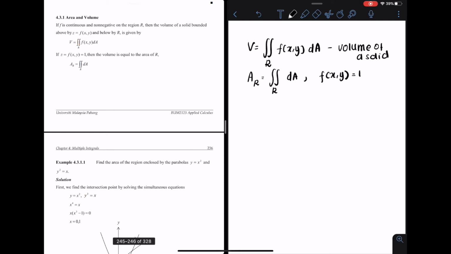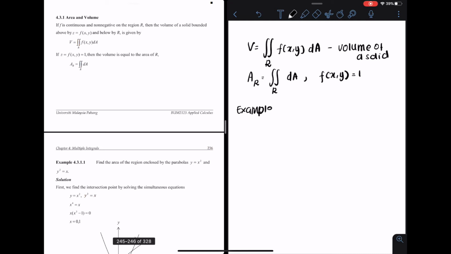Meanwhile, when the question asks you to determine the area of the region R, you can always assume the function f(x,y) equal to 1. So if you want to get an idea of how this works, maybe you can try to look back at single integration involving polar coordinates or rectangular coordinates. So let's take a look at the next example.